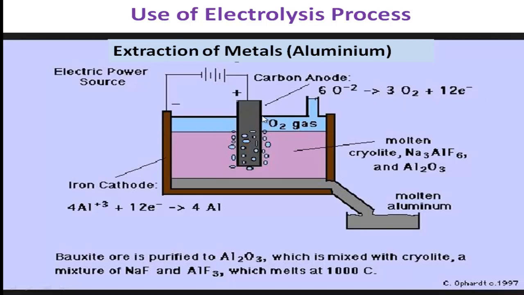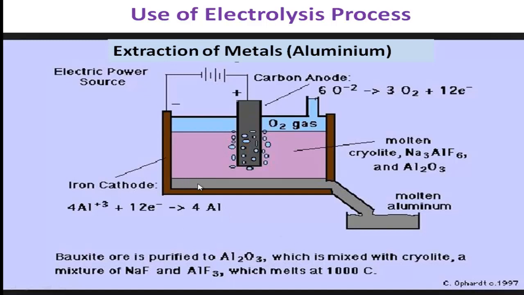So at the carbon rod we will get what? Oxygen gas. And the cathode attracts cation, that is aluminium ion. So aluminium ion reaches the cathode and accepts electrons. 4 moles of aluminium ion accept 12 electrons and are converted into aluminium metal, molten aluminium, liquid aluminium.